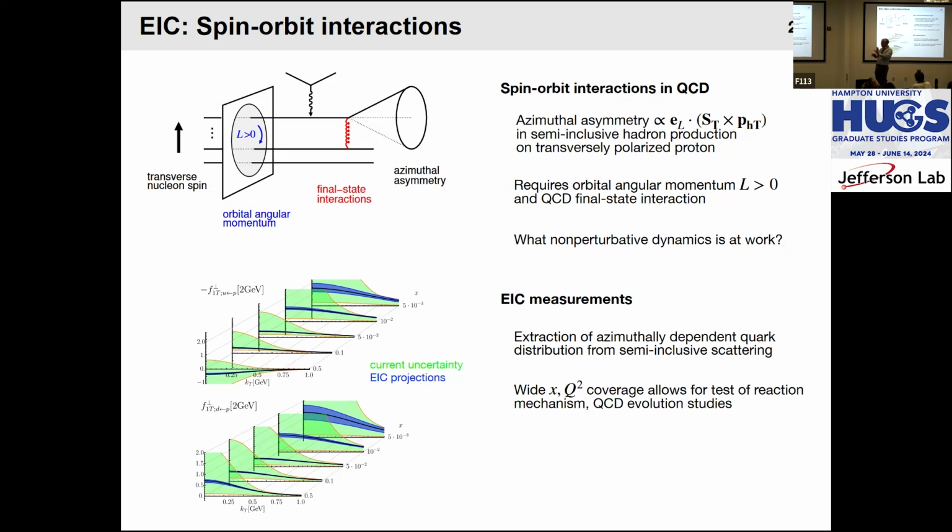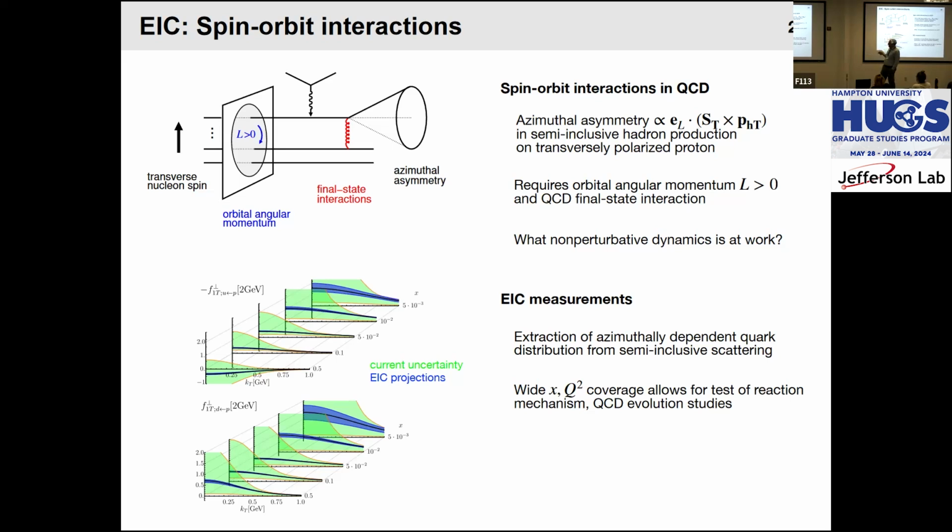So it's a very complex, intriguing observable, and our colleagues working on what's called TMD physics can tell you more about it. And again, it tells us lots of things about what non-perturbative dynamics is at work in this system. And with the EIC, we can do a very nice measurement of these azimuthal asymmetries in scattering on a transversely polarized proton.